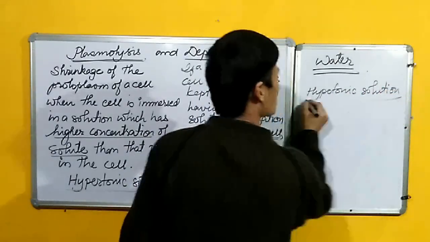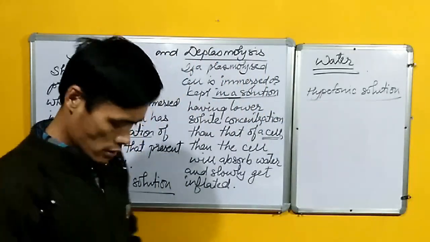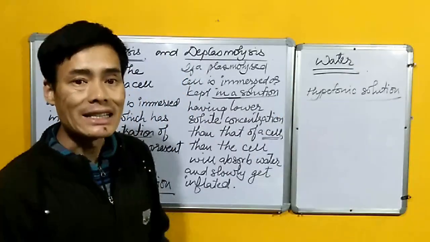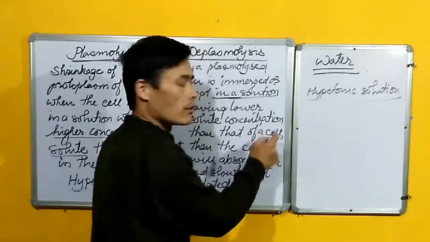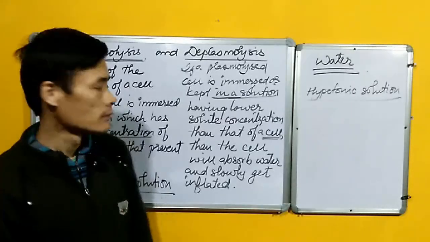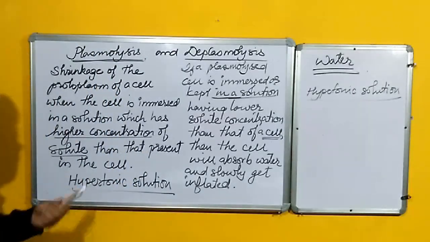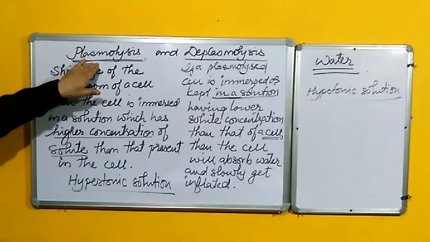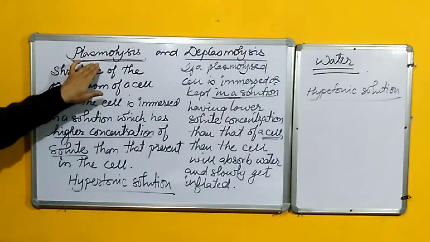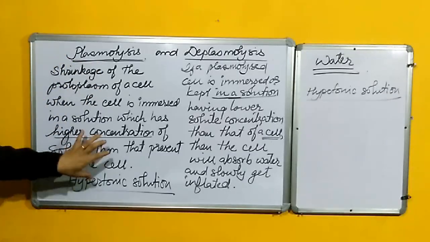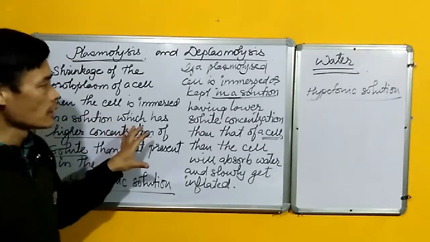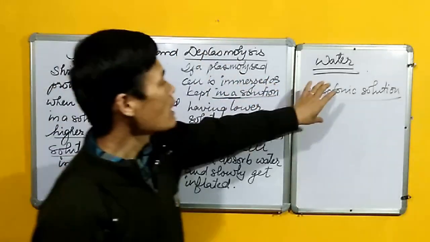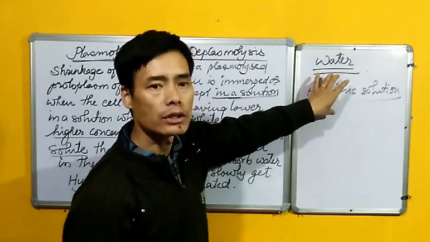A hypotonic solution is one where the solute concentration of the solution is less than that of the cell. So in a hypertonic solution the cell undergoes plasmolysis, and the same plasmolyzed cell will undergo deplasmolysis in a hypotonic solution.